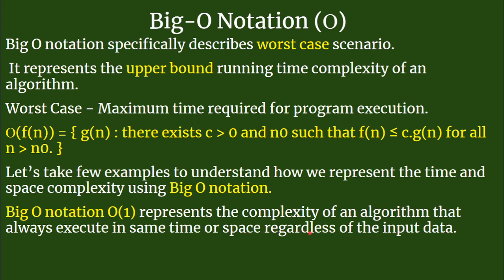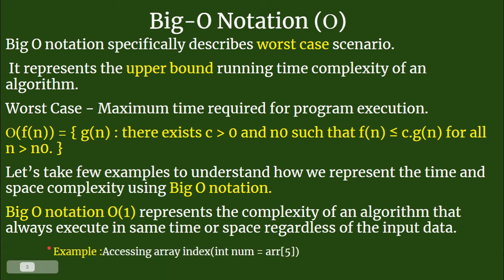However much data or space there is, it always takes a uniform time. That is one example of big O notation. The value is order of 1.